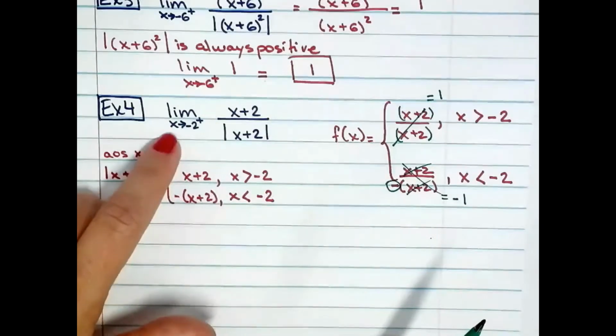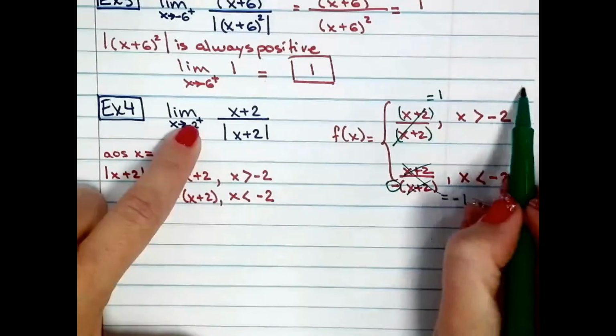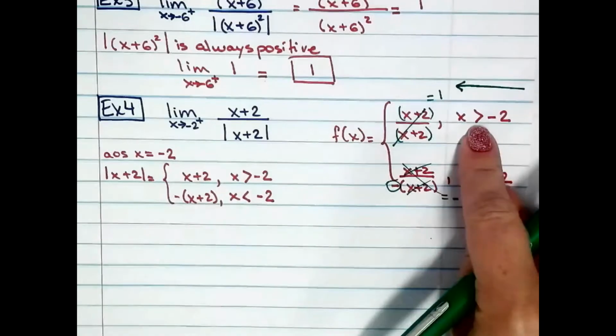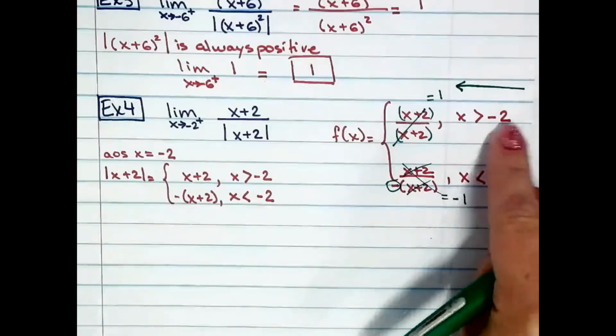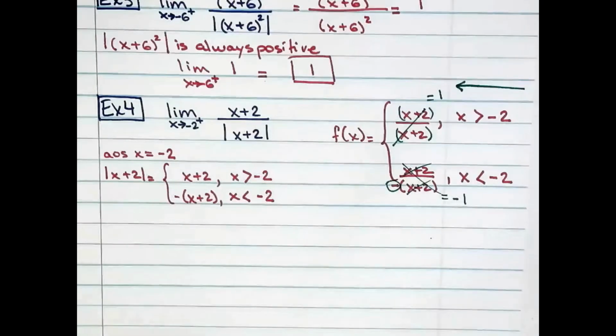Since my limit is x approaching negative 2 from the right, so from the right, it goes that way. Okay? So x is greater than negative 2, so I will have to choose that one. So I will write it out for you.